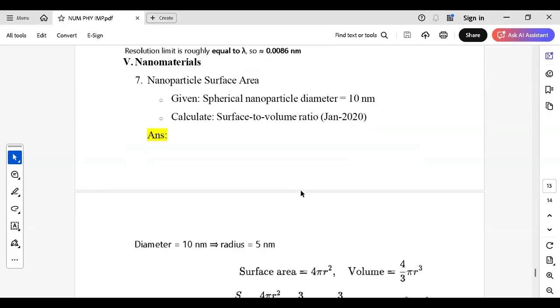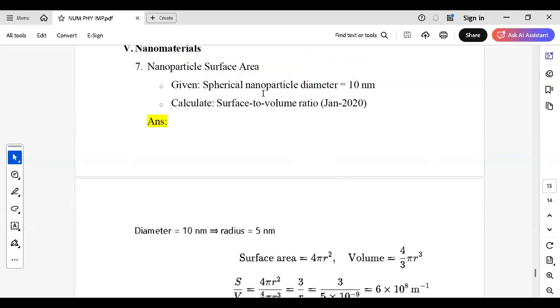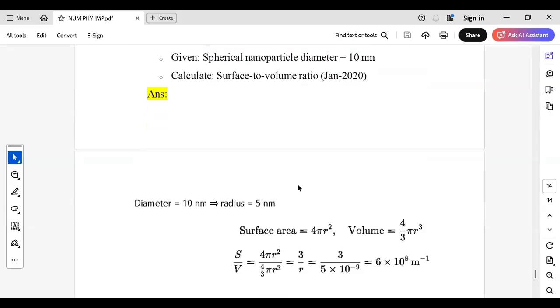Moving on to the next question, which is nanomaterials. In nanomaterials, for a spherical nanoparticle of diameter 10 nanometers, calculate the surface to volume ratio. You know the surface area of a sphere is 4 pi r square, and the volume is 4 by 3 pi r cube.